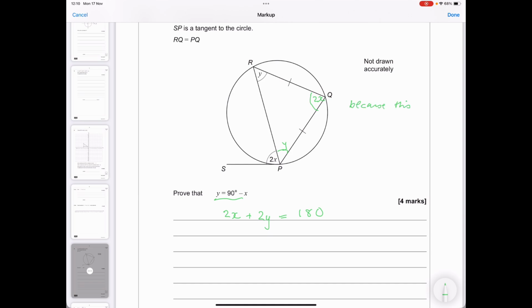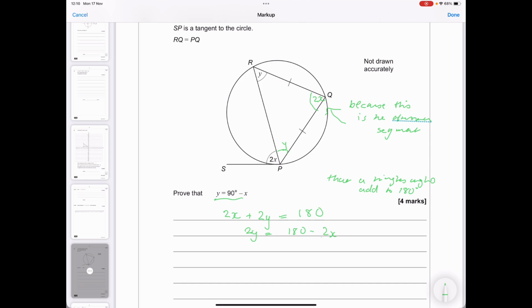Because this is the alternate segment, I think that goes in there. Now, that means that we solve for y by going 2y equals 180 minus 2x. And the reason why that's the case is that we know that a triangle's angles add to 180.